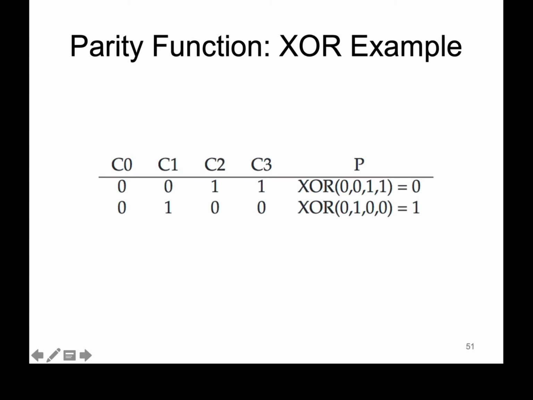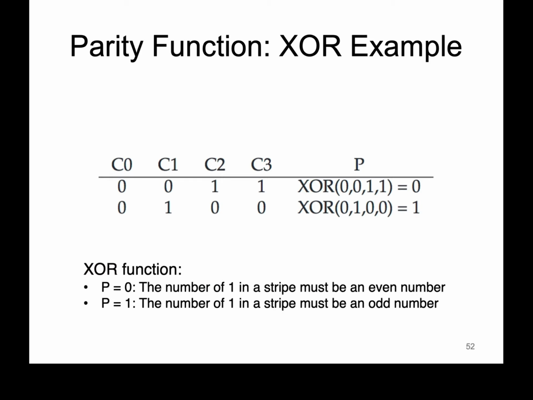Okay? In real world cases, RAID often uses exclusive OR operations to support this parity calculation. Here in this example, if the total number of 1s in a stripe is an even number, you get a parity value of 0.